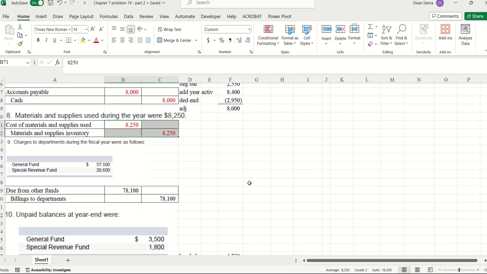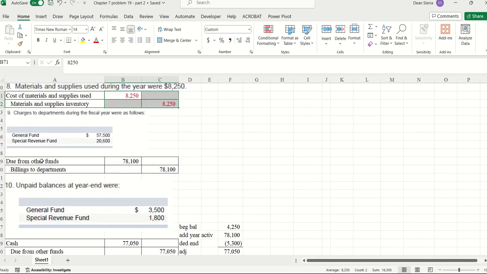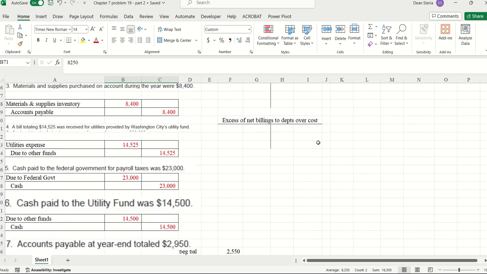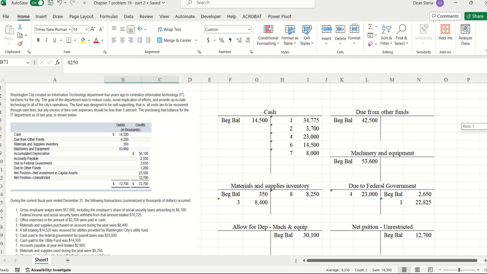Take those off. Then we got due from other funds and billings to department. Due from other funds is like a receivable, right? The other funds owe us money. So we're going to go up here. Due from other funds, we're going to debit it $78,100.